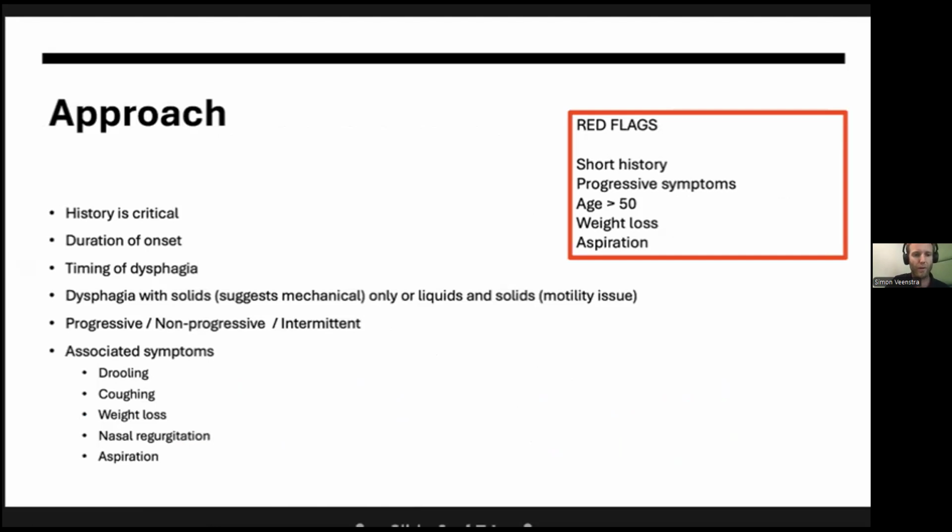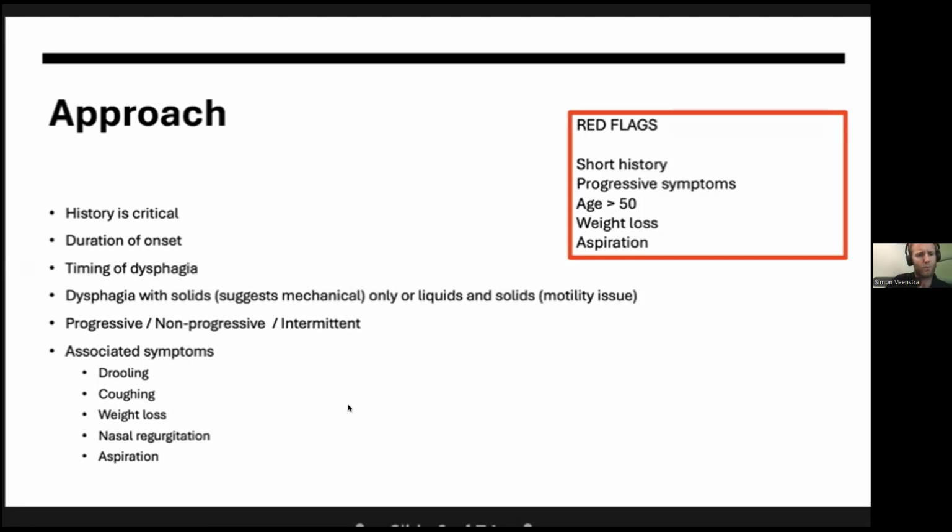That may point towards an oropharyngeal cause versus later, or a feeling of getting stuck in the esophagus. One needs to be a little bit careful, as patients may point towards a certain area, but because of the overlap in nerves, the precise location is often unreliable.